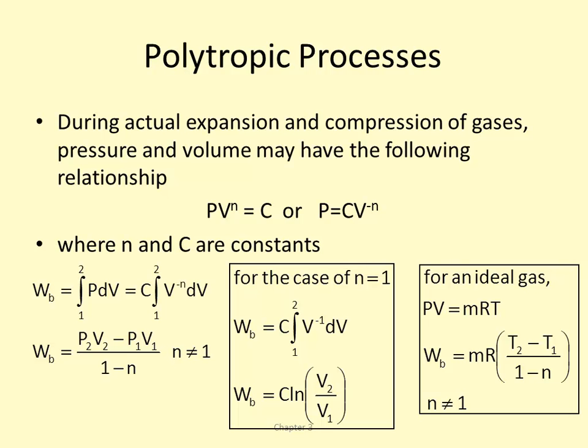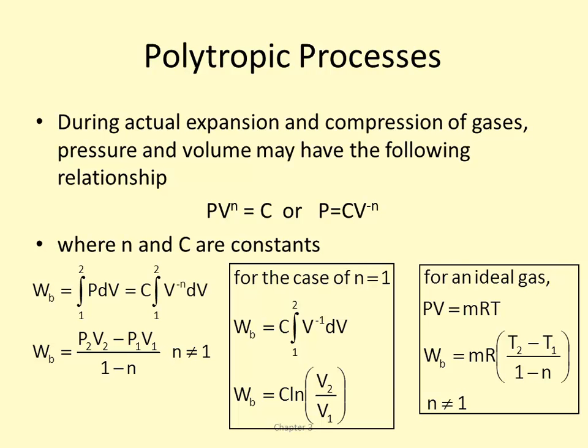So ideal gases are a good example of gases that follow a polytropic process. So if we know this relationship, so we have PV to the N, and N can be any value. It can be a positive value, it can be a negative value. Then we can calculate the boundary work due to that polytropic process using these equations.